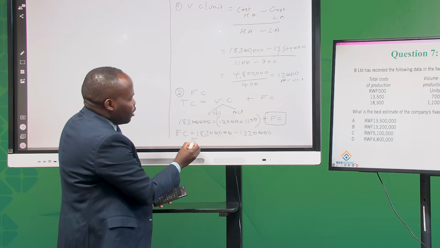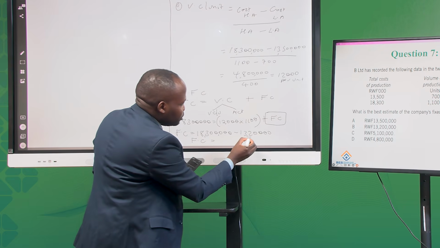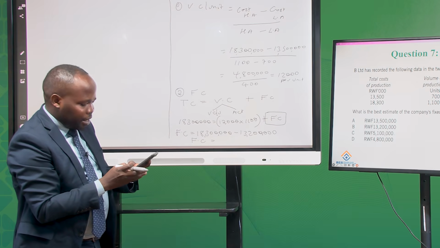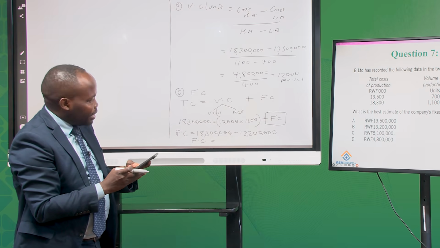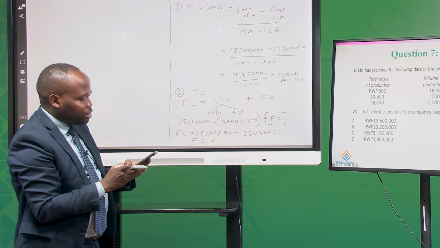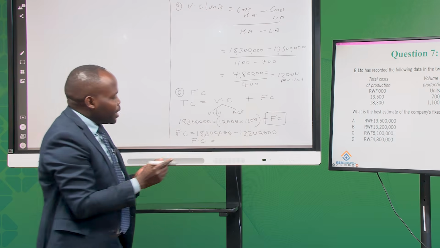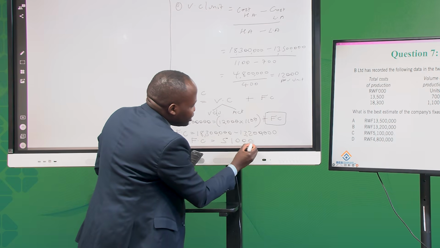So what is our fixed cost? Our fixed cost will now be 18,300,000 minus 13,200,000. So we are left with 5,100,000.